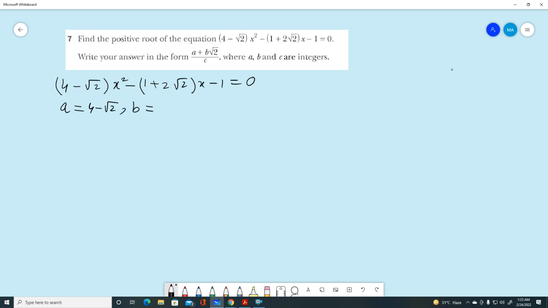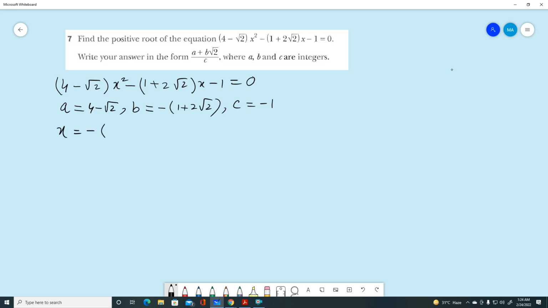What is b? The coefficient of x, minus 1 plus 2 root 2. What is c? The constant, minus 1. Put all the values in the quadratic formula.